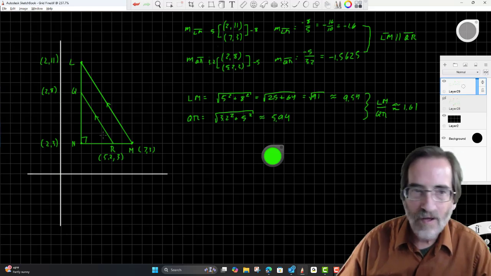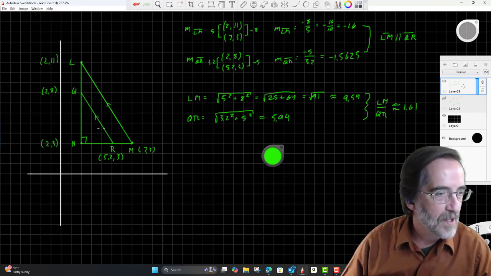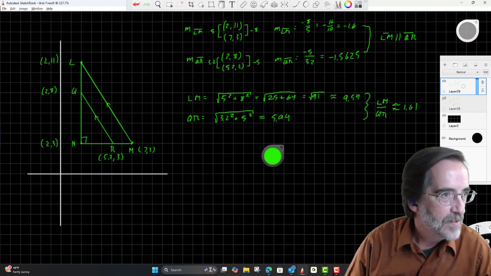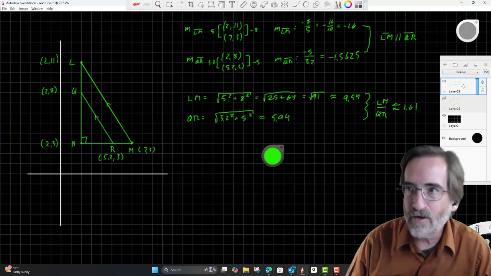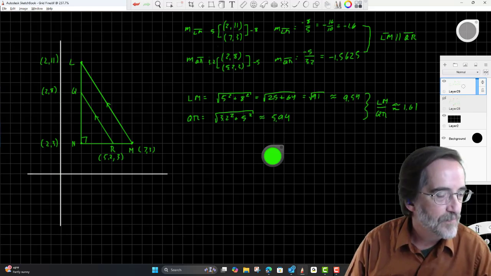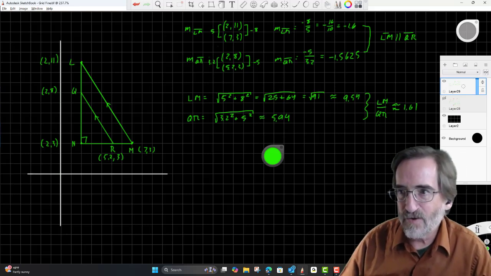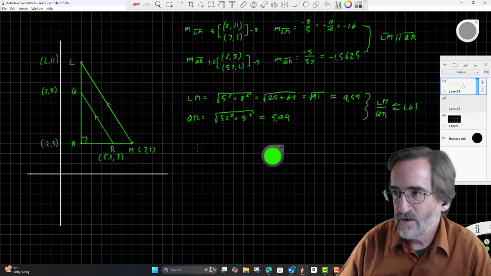Okay, and yeah, use the slope formula. We use the slope formula, and then we use the distance formula. And let's check out the other ratios here. I think I got a little bit off task here.